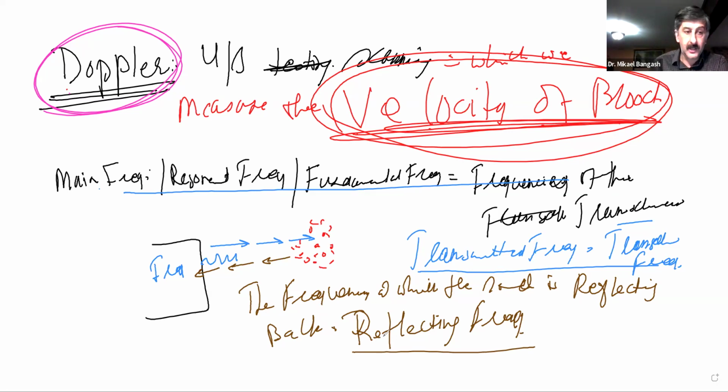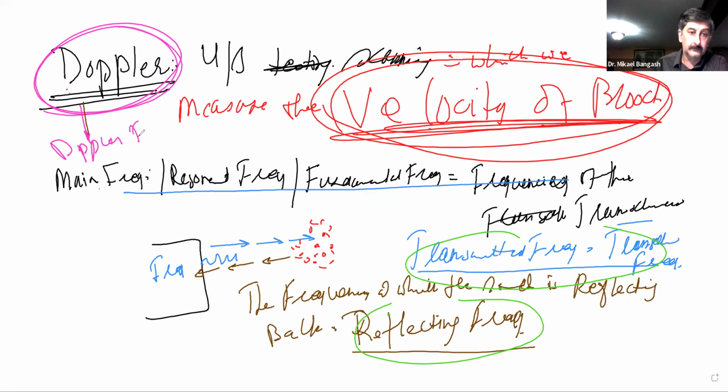And with the help of these two frequencies, we will be able to get what we will call a Doppler frequency.